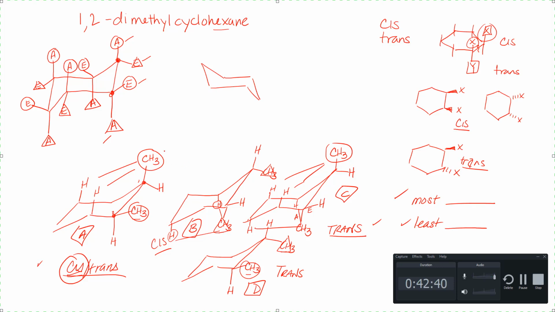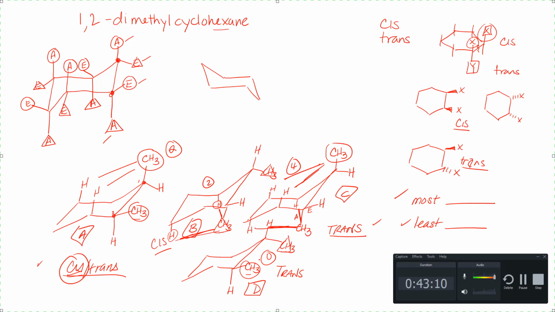So in terms of A, it's got 2 diaxial interactions. B had how many diaxial interactions? B had 2 diaxial interactions. C had 1, 2, 3, 4, and trans with the 2 methyl groups equatorial had 0.